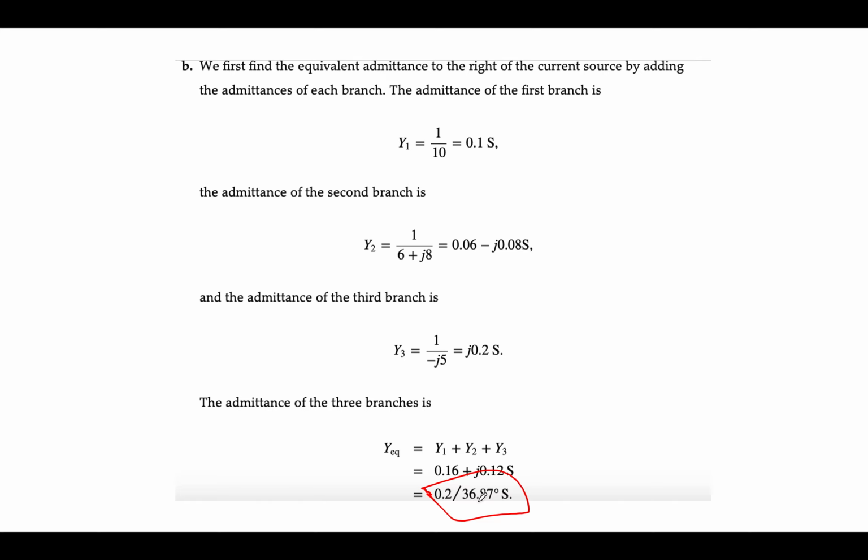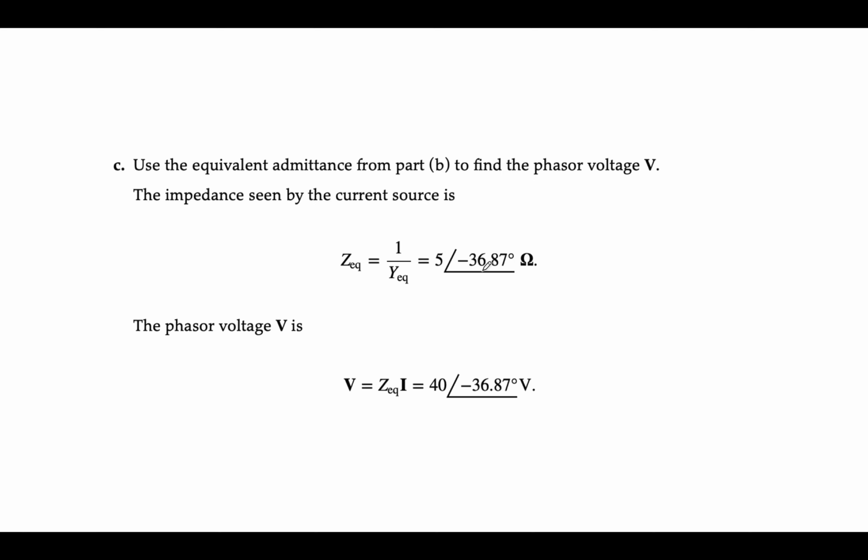And if that's in the denominator, as it is when you take 1 over Y, then that's just going to come up as an e to the minus j theta by rules of exponentials. So in the phasor form, all you really have to do to move the angle from the denominator to the numerator is to give it a negative sign. So you can see here the negative 36.87. You can see here the 5.